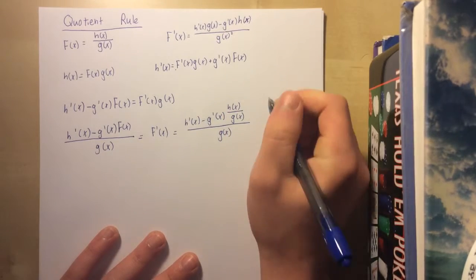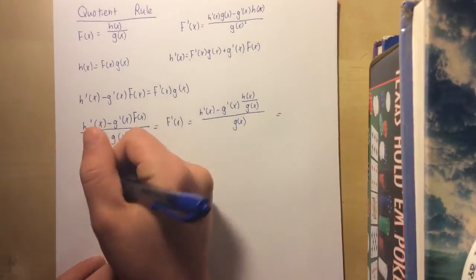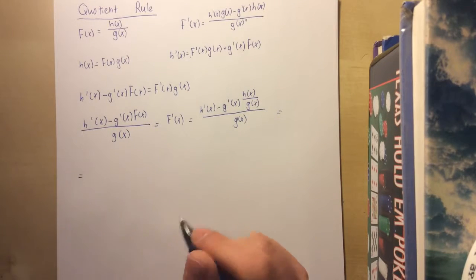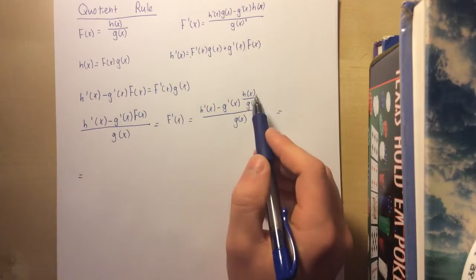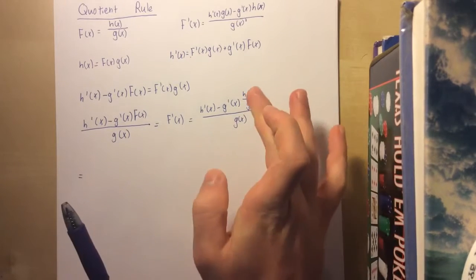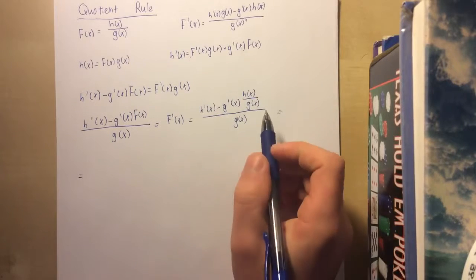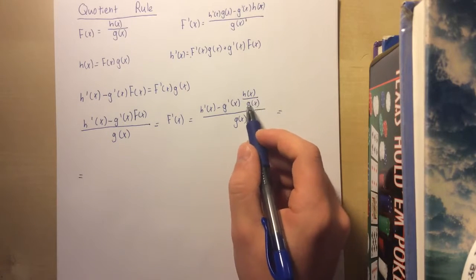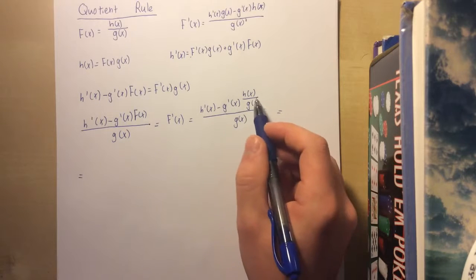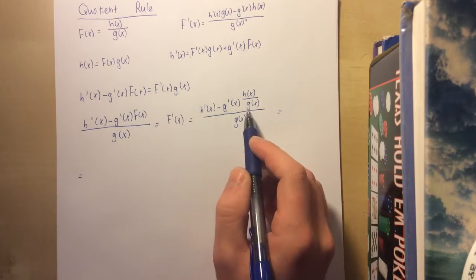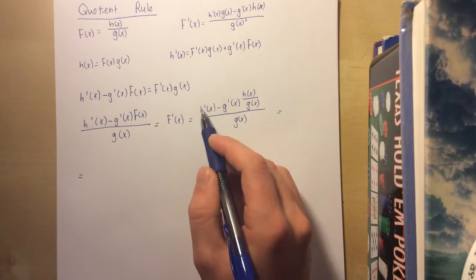And now the next step that we're going to do is another one of those mathy, kind of thinking-ahead steps. We're going to want a common denominator with this term in the numerator and this term in the numerator. And that common denominator is going to be g of x. So in this term we already are dividing by g of x, but in this term we're not. So we're going to multiply and divide by g of x in this first term.